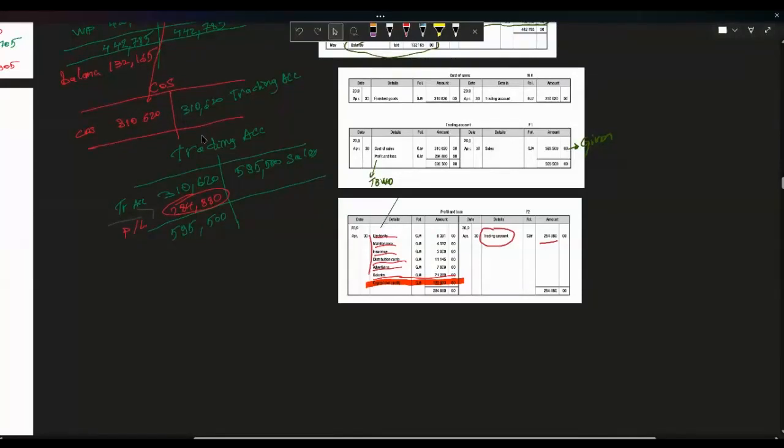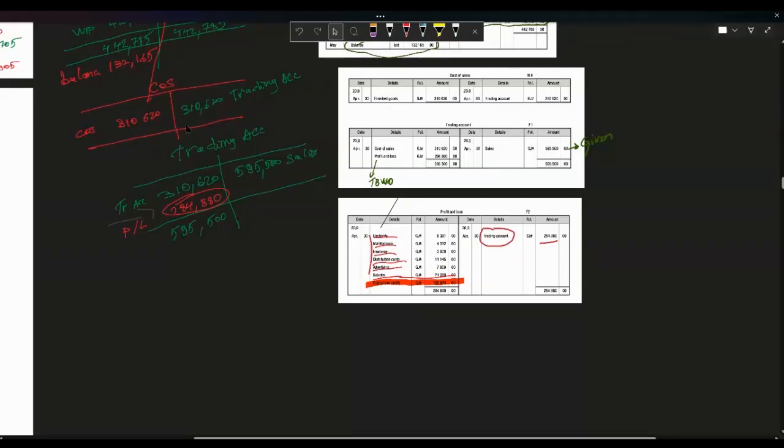So here they are. It makes sense, because remember, when you were looking at your income statement, you get your sales minus the cost of sales, and when you get your gross profit, you will minus other costs, other expenses incurred. And this is the section where the other expenses are taken into account.